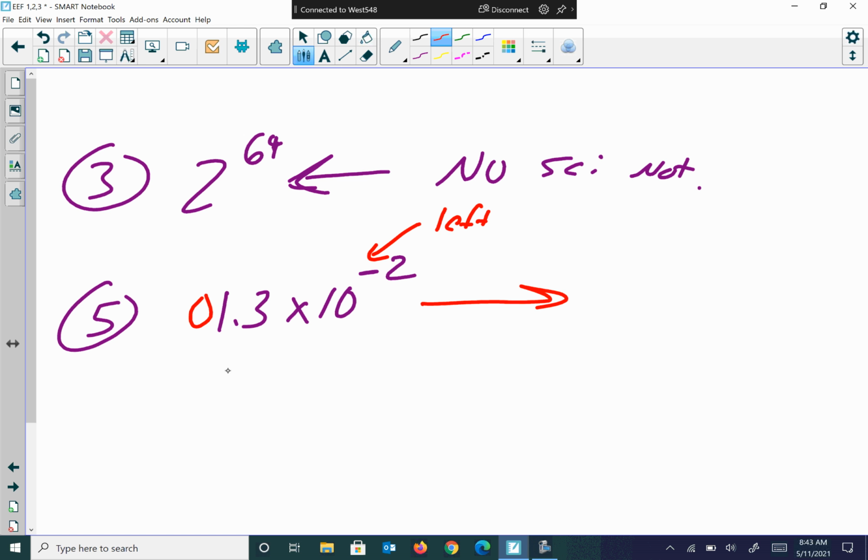It seems strange that you put a 0 out in front of something. So I go 1, 2. So it's 0.013. That's how you would write 1.3 times 10 to the negative 2 back into a numeric thing, not scientific notation. Okay?